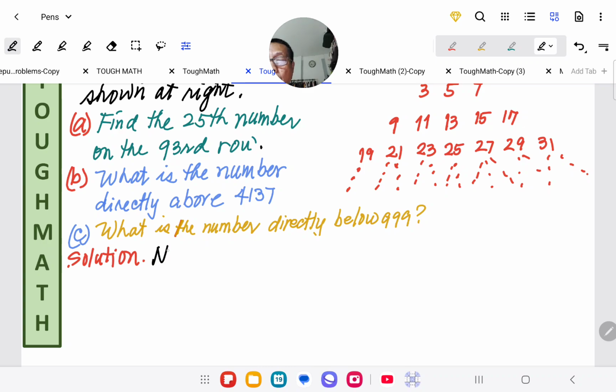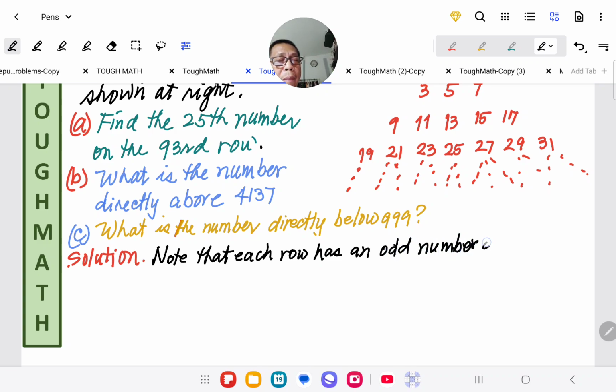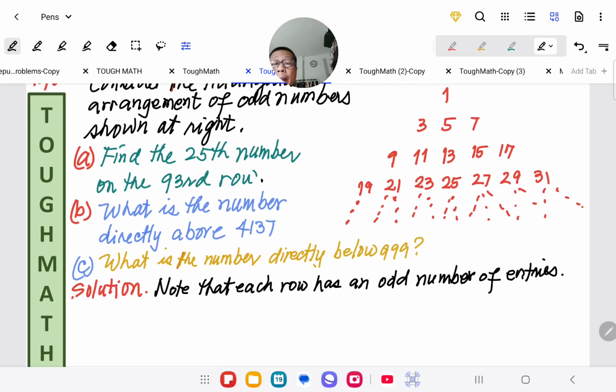So first we note that each row has an odd number of entries. By the way, guys, we will call the numbers in the arrangement entries.